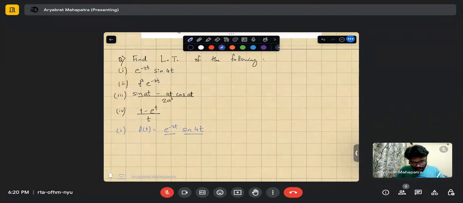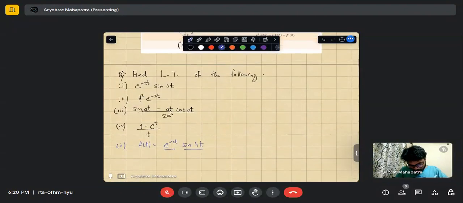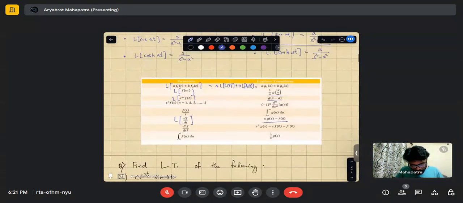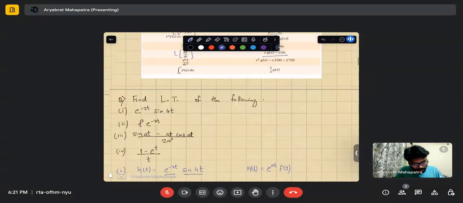You can say your f of t is sin 4t, and let me say this is h of t. So my h of t is of the form exponential of at times f of t. That is my third property. When you take its Laplace transform, you get something g of s minus a.